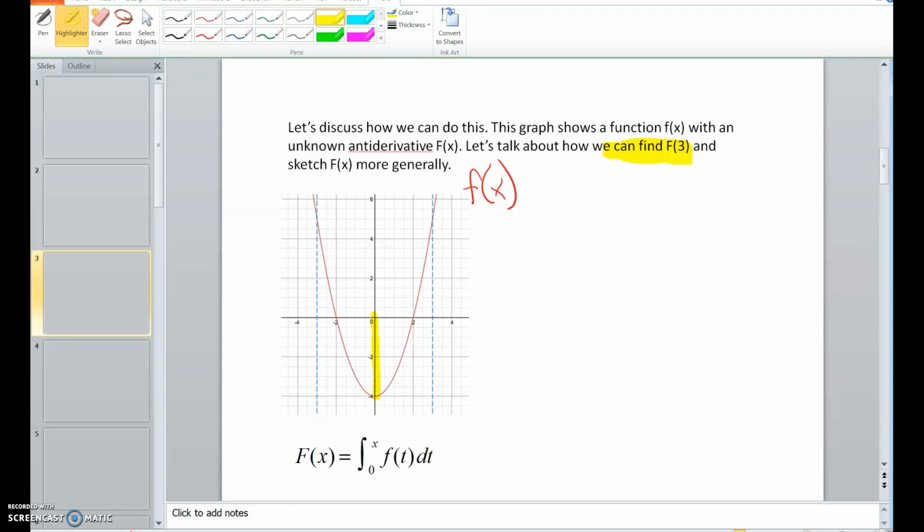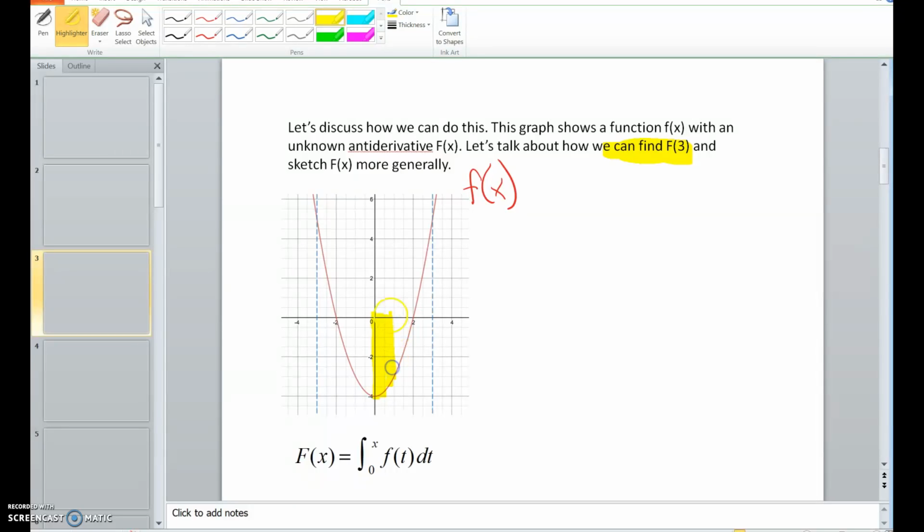So that means that capital F has to be decreasing, and it's decreasing by a pretty sizable amount. And then as I start shading over here, the slices of area are still going to be negative, but they're getting smaller and smaller. So that means that capital F, the antiderivative, is decreasing, but it's going to be decreasing by less and less as we move over.